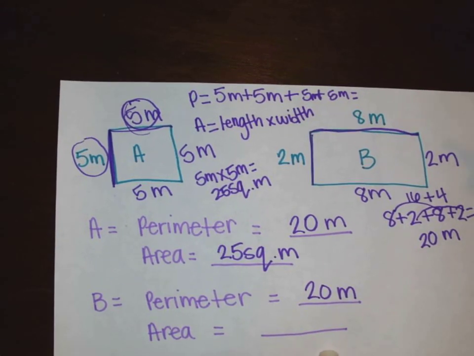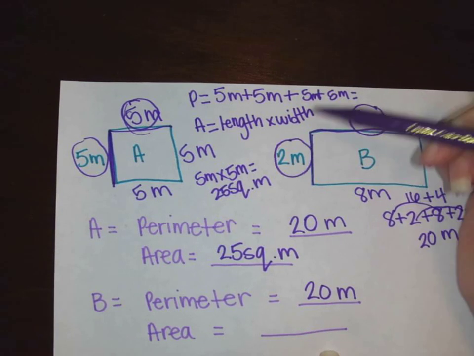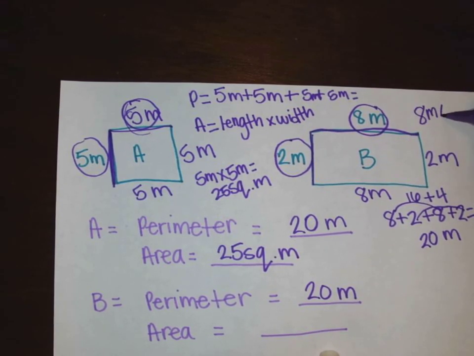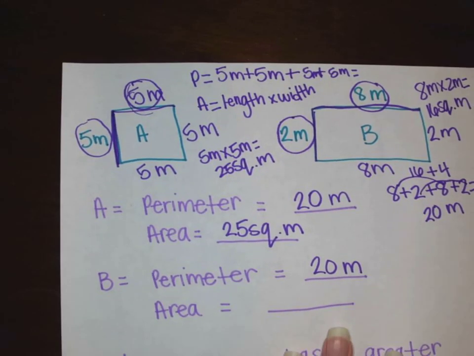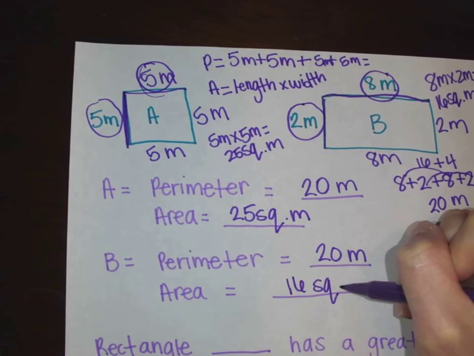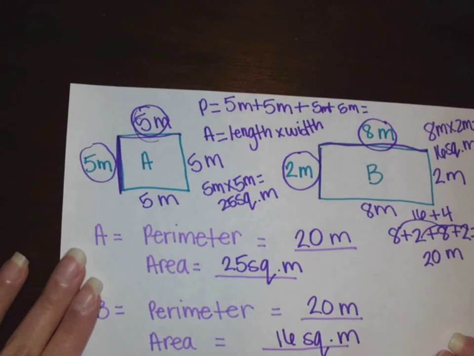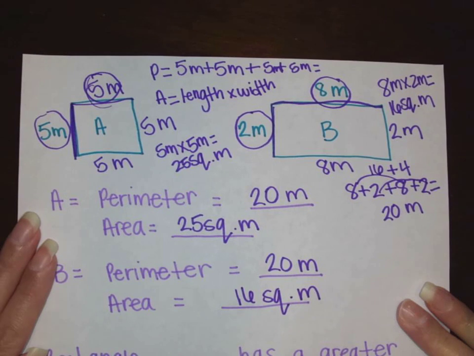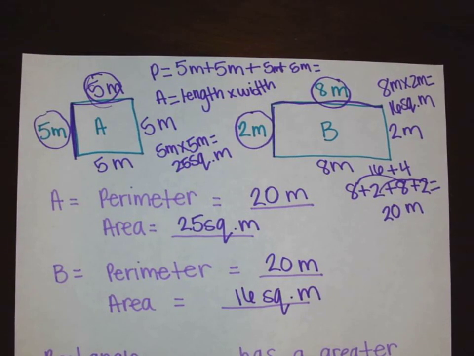We know area is length times width. 8 times 2, 8 meters times 2 meters equals 16 square meters. So I'm going to write that down here. 16 square meters.